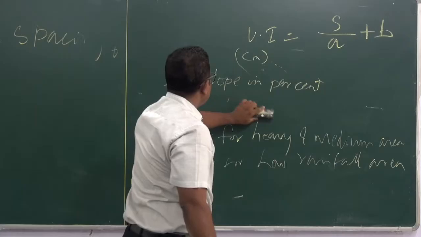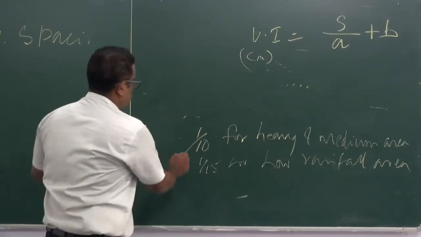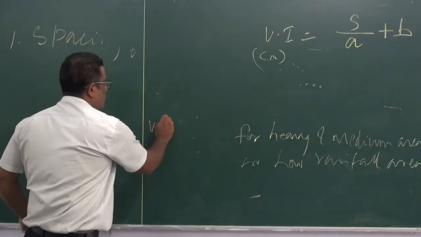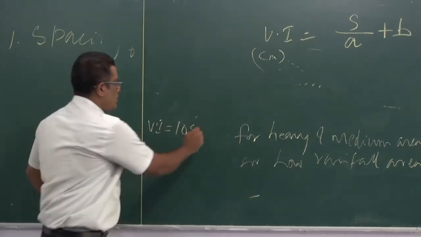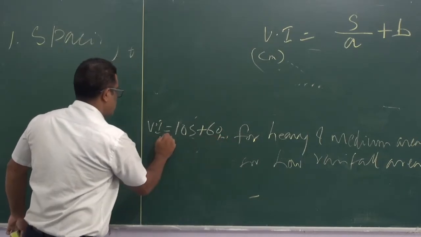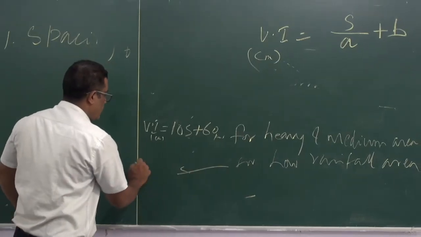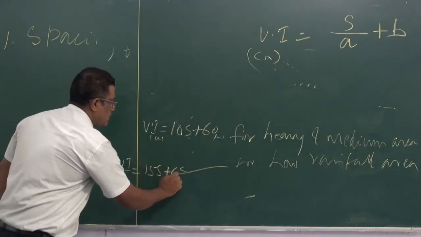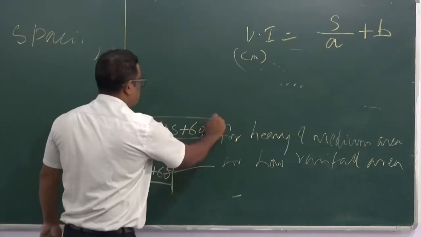So for high rainfall area, Vi will be 10S, by putting the value of A here, plus 60, in centimeter, and for low rainfall area Vi will be 15S plus 60. These two formulas you have to remember.